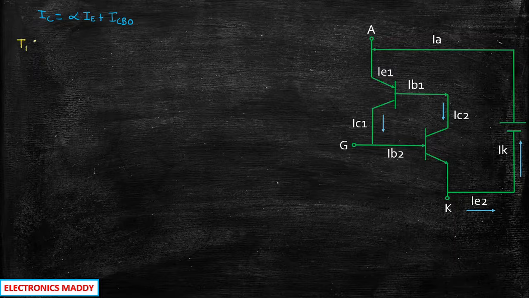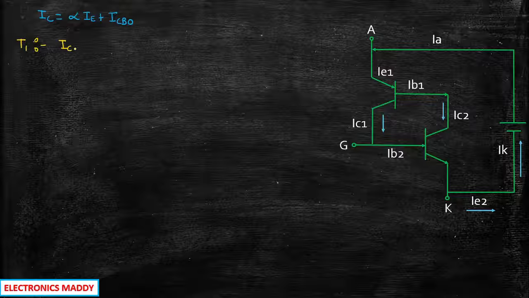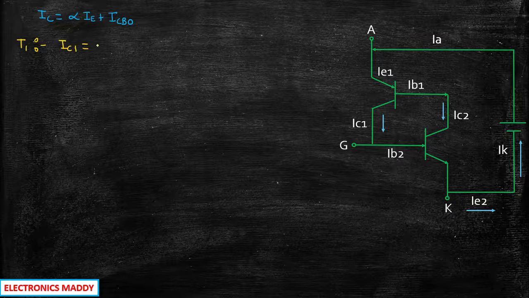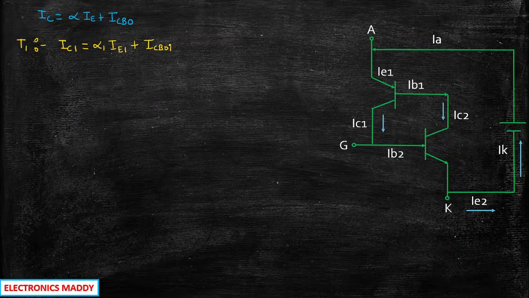For the T1 transistor, what can we write? T1 is associated with IC1, IE1 and IB1, isn't it? So can we write, for T1, IC1 is equal to alpha 1 IE1 plus ICBO1, isn't it? So this is with respect to transistor 1. I'm just rewriting this equation with respect to 1 respectively.